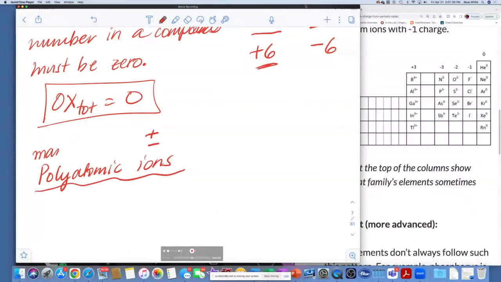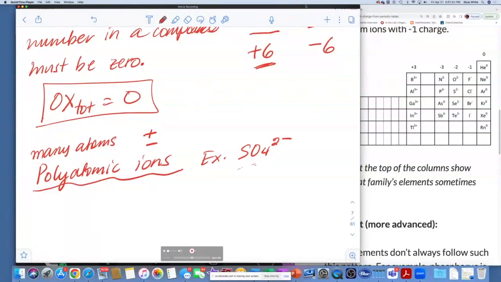Polyatomic means many atoms. So you have a species that has many atoms, right? And they have a charge. So my example here that I'm going to work out is sulfate. Sulfate. Is this polyatomic? Yeah, there's sulfur and there's oxygen. Okay, and then we have our charge right here. So this fills that criteria.